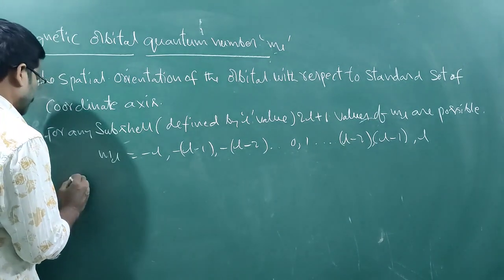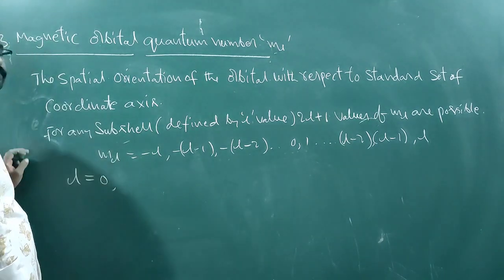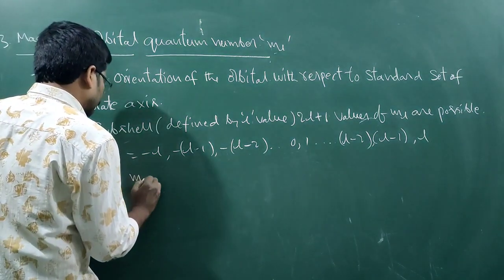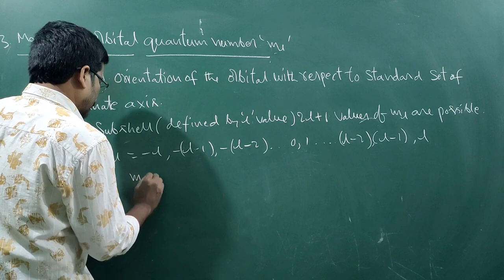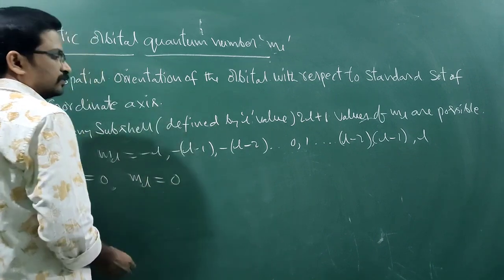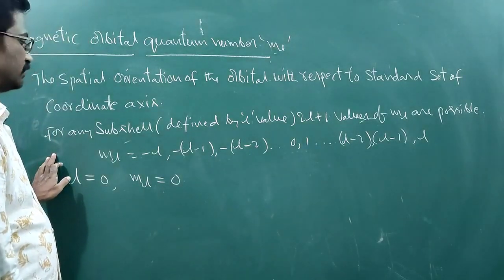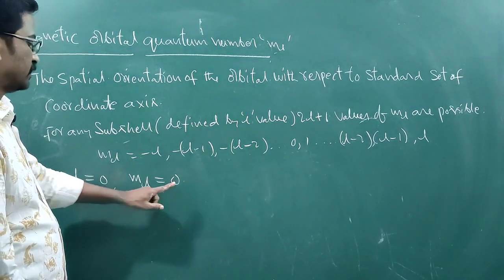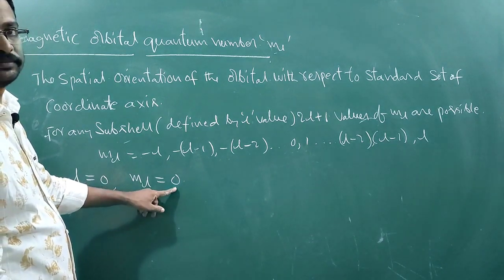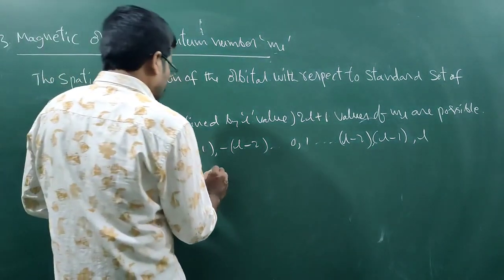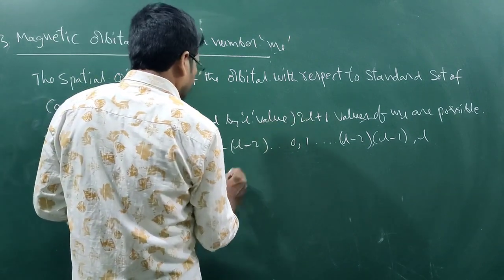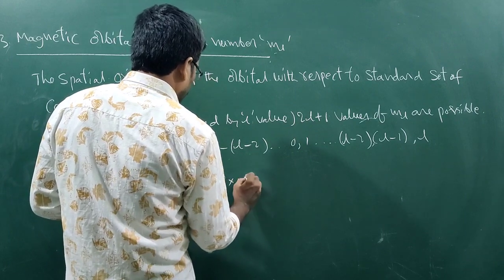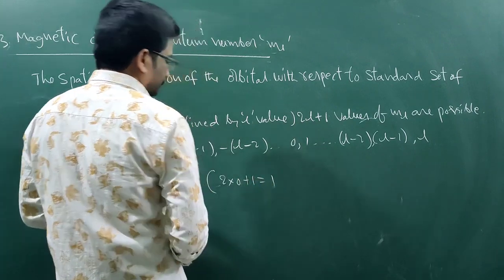For a given value of L, let us suppose L is equal to 0. What is the value of ML? ML has only the value 0. Using the formula 2L plus 1, put L equal to 0: 2 into 0 plus 1 gives 1.